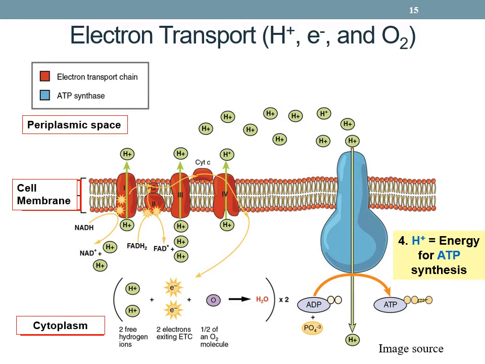The phosphorylation part is when the hydrogens re-enter the cytoplasm through the ATP synthase, and this gives that enzyme the power it needs, the energy it needs to take ADP and free phosphates, make that bond, and reform the ATP molecule. So this is what happens in the electron transport chain to produce those 30-something molecules of ATP.